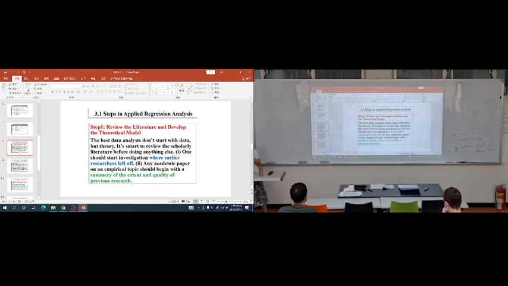May I ask how many pages for the thesis are expected? Well, I think it really depends on your advisors. If you're working on an empirical study, maybe 30 or 40, less than 50.